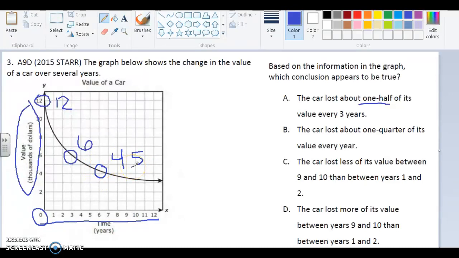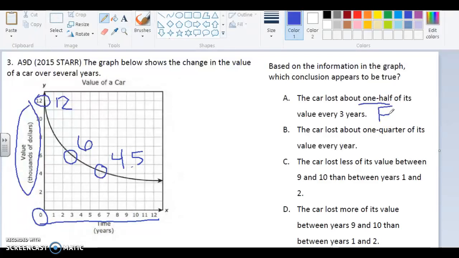Well, if we had lost half of the value, we should be down to 3, right? Because 3 is half of 6. So from year 3 to year 6, the car didn't lose half of its value in those 3 years. Therefore, letter A is false for all parts of the graph. So we would put a false there.